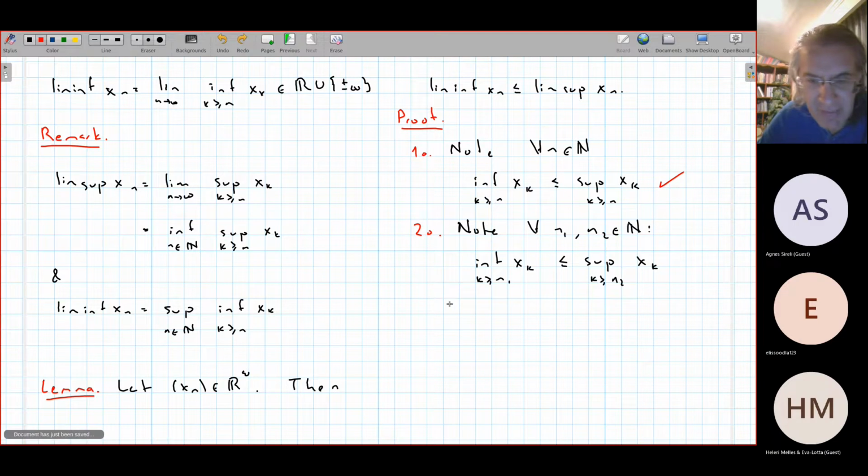And the way to prove this is simple, just take two cases. So case 1 is the case, let's say, when n1 is less than or equal to n2.